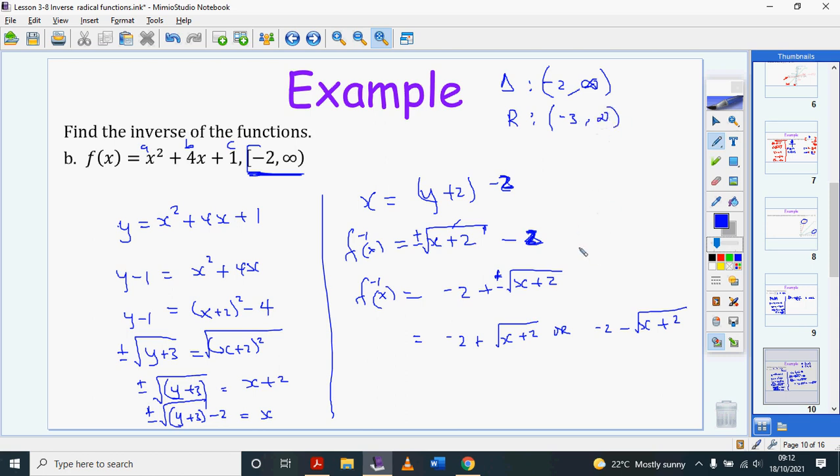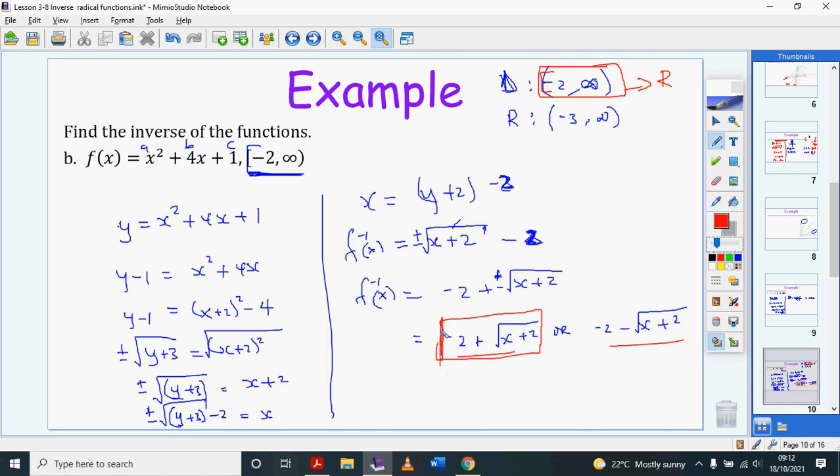But now this has to become the new domain. The domain of the original function has to be the range of the new function, right? And when you look at these two, which of them will give you that range? That's the question you're asking yourself. And I hope you can see that this is the one that gives me that range.